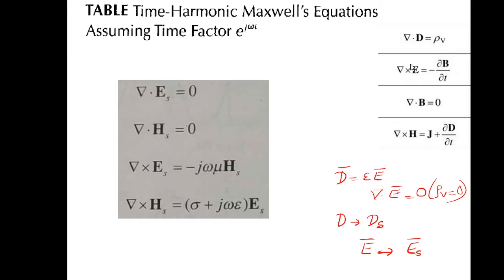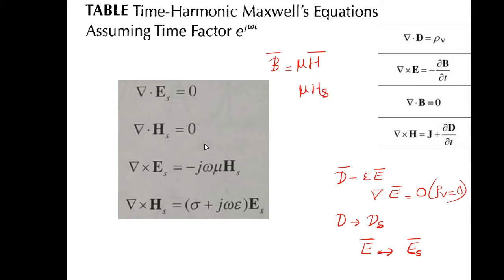Then you take this. Here you are taking the derivative with respect to t, and you are assuming a time factor e raised to j omega t. When you take the derivative, it is equivalent to multiplying with j omega. So you write curl E is equal to minus j omega B, and B is given by mu H, so you can write it as mu H_s.